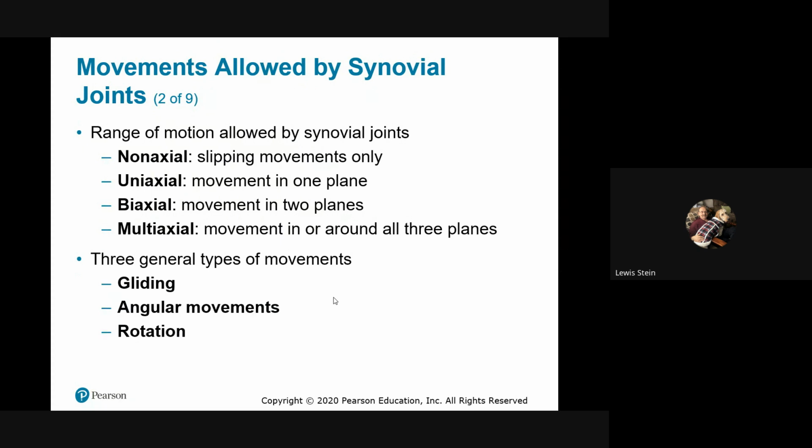So when I say flexion and extension, adduction and abduction, or rotation, those are motions in a plane. They call those axes. So non-axial means it really doesn't do that. Think of the joints in your wrists and ankles, the little intertarsal joints or intercarpal joints.